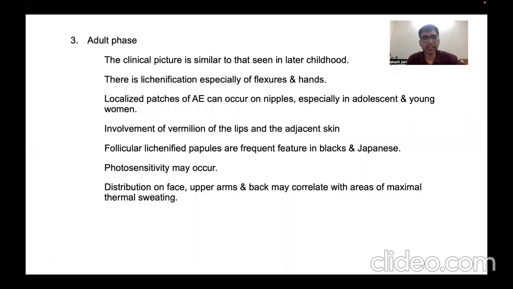Now the third phase is the adult phase, in patients more than 12 years of age. The clinical picture is similar to that seen in later childhood, mainly on the flexures, with lichenification especially of the flexures and the hands. Localized patches of atopic eczema can occur on the nipples, especially in adolescent and young women.